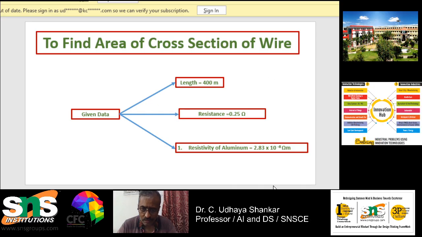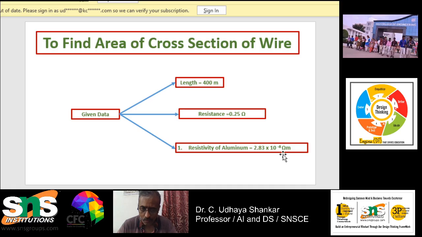What are the given data? These three data have been given: the resistance is 0.25 ohm, the length is 400 meter, and the resistivity of aluminum is 2.83 into 10 power minus 8 ohm meter.